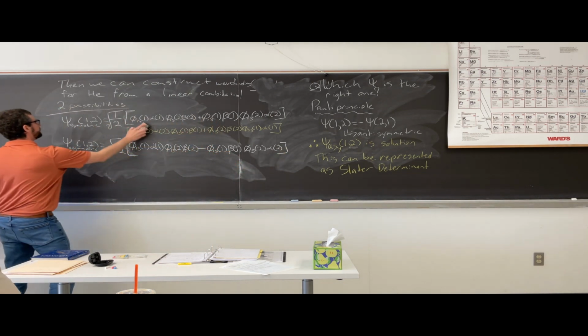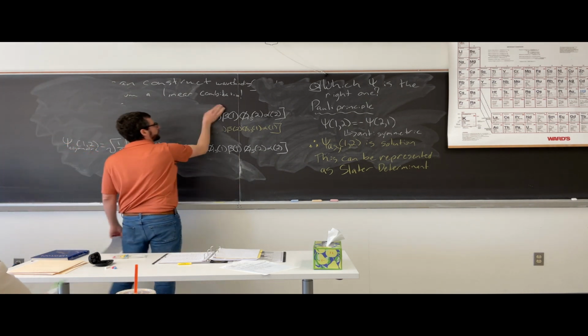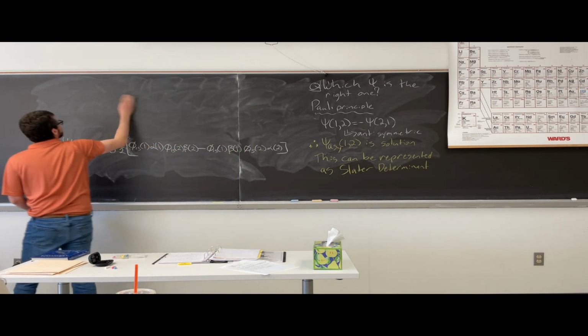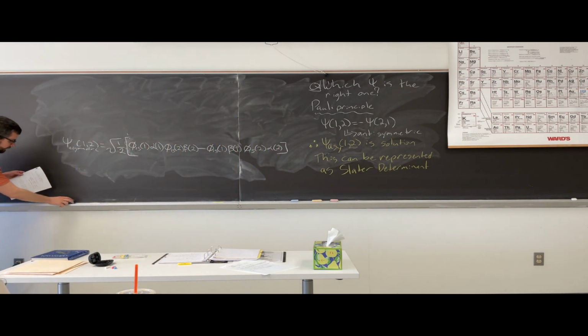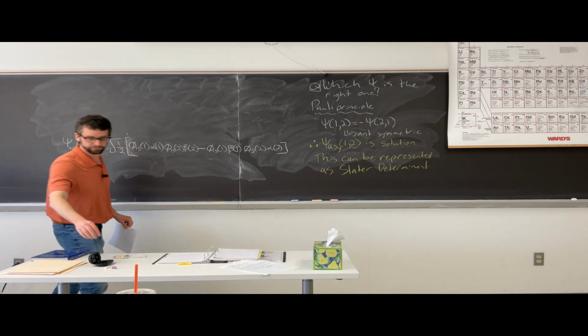I'm going to keep that because that's what we're going to try to represent. So basically what we want to do is take this and go back to a determinant.